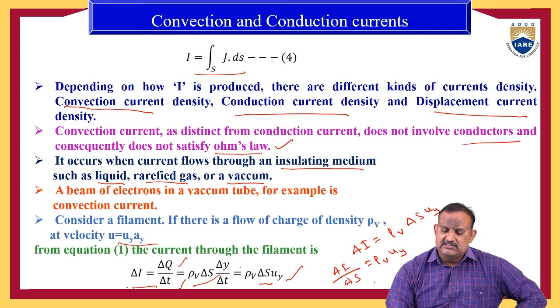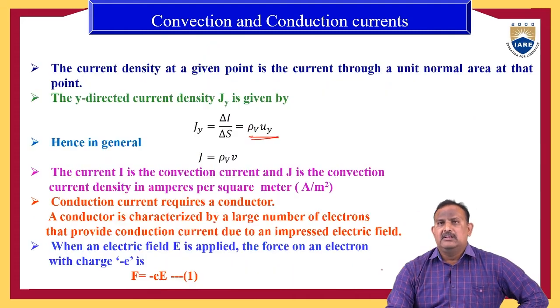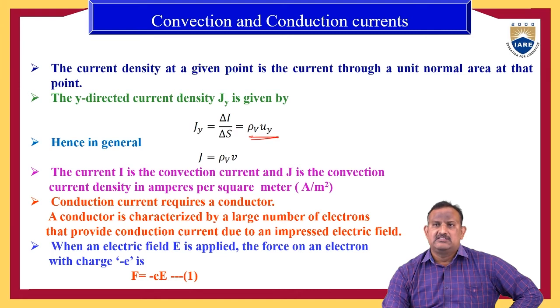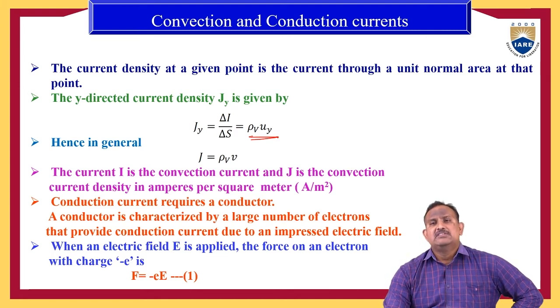Delta I by delta S is nothing but the current density Jy, which is the volume charge density into the velocity along the y direction. Therefore, simply, the current density J is equal to rho V into v, where rho V is the volume charge density and v is the velocity.